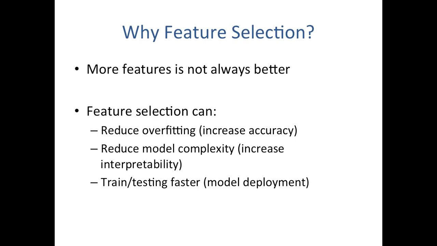So maybe we have a similar accuracy, but a much smaller number of features, and so it's much easier to interpret the model and its outcomes. And finally, if we reduce the number of features in our model, it's generally also faster to train and test the models because it's computationally less expensive.